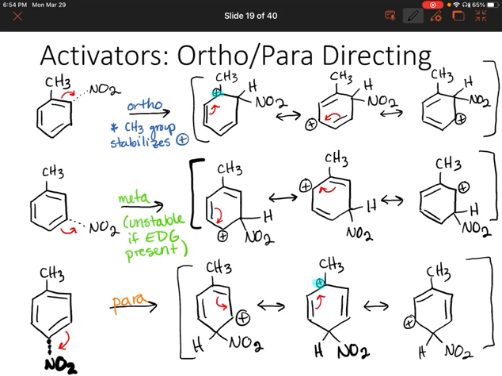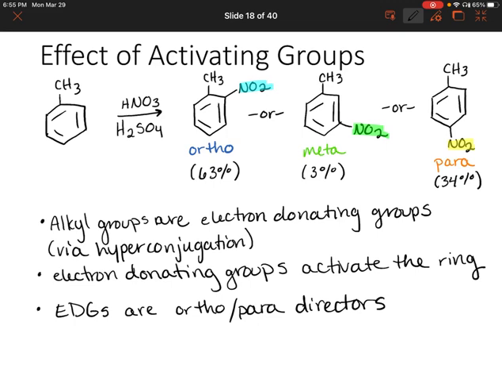Now let's go back a slide, and I want to ask you, why do we have twice as much ortho as para? So why did we form 63% of the ortho product and only 34% of the para product? So how many ortho positions are there on the ring? 2, right?